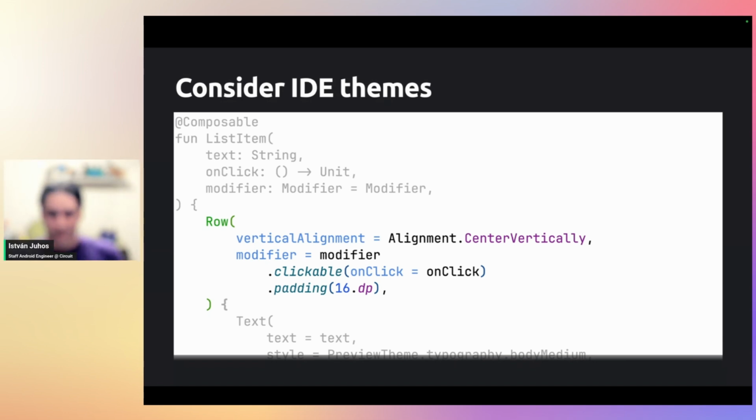So it makes sense to just omit the background from this row composable of the list item and just let the container give the background color to our elements. That's perfectly fine. That's a good optimization as well.